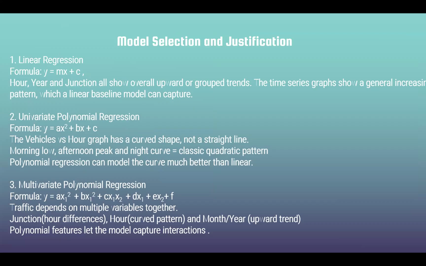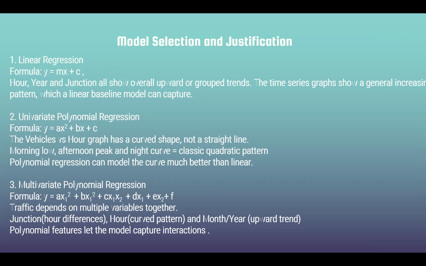Then model selection and justification. From our findings, the models that fit best were linear regression, polynomial regression, and the multivariate polynomial regression. Our year and junction show overall upward or grouped trends. The time series shows a pattern which is linear.